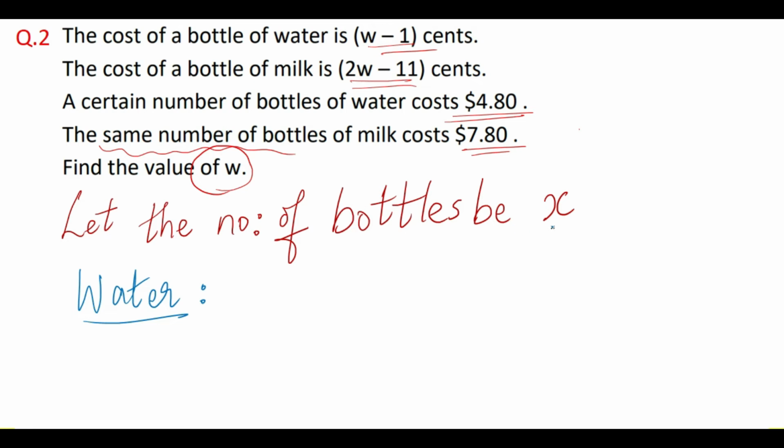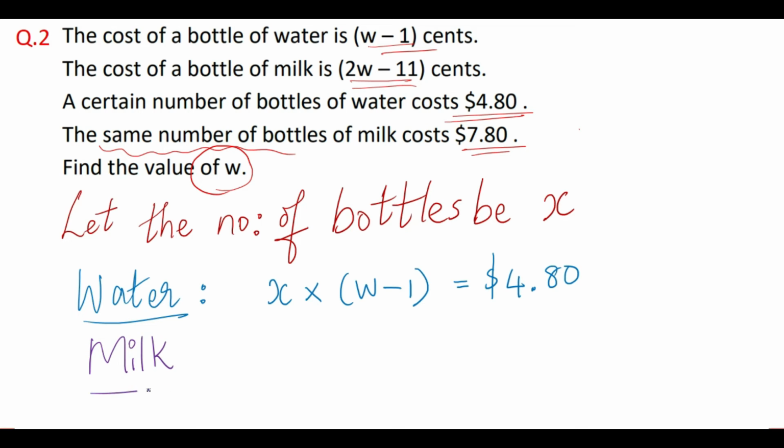We assume that there are X bottles, so X multiplied by W minus 1 should give you a bill of $4.80. Talking about milk, again the number of bottles taken is X, because they have said it's the same number of bottles for milk, multiplied by the cost of one bottle of milk, 2W minus 11, equals the price of 7.80.